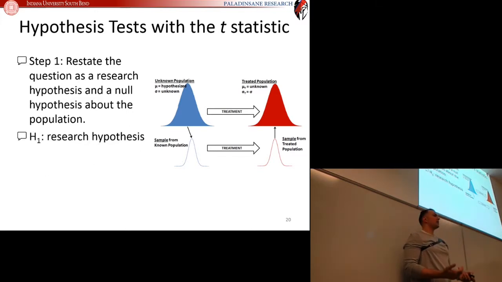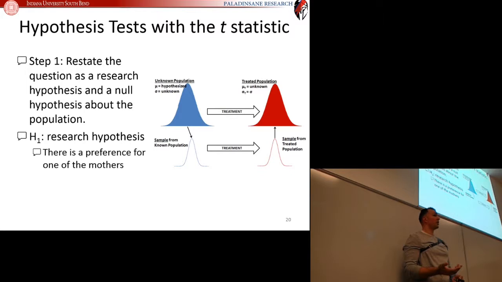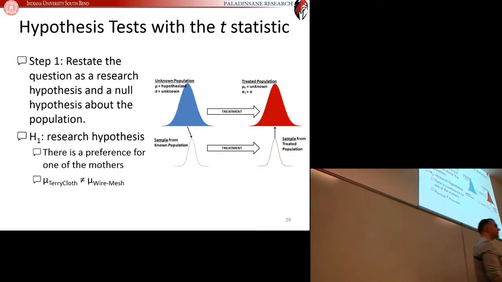And the research hypothesis is that there is a preference for one of the mothers. And if there is a preference for one of the mothers, that means that the mean time spent with the terry cloth mother does not equal the mean time spent with the wire mesh mother. That's the definition of preference. One of them has more time than the other one. And because we know that they spend 18 hours a day with both mothers, we know that a preference is going to come out if the time spent with the terry cloth mother is not 9 hours.